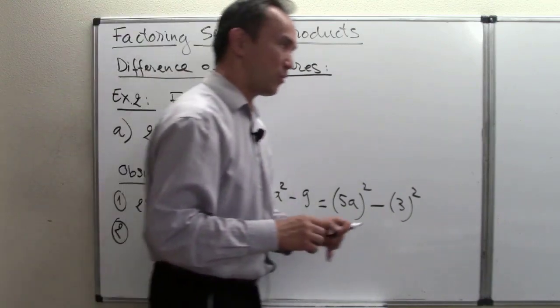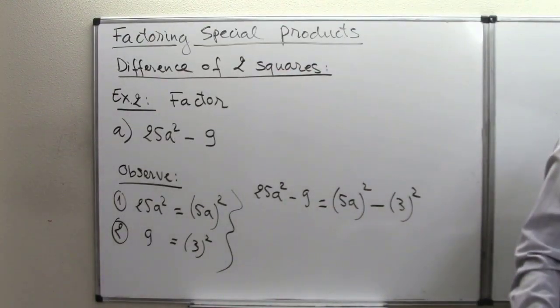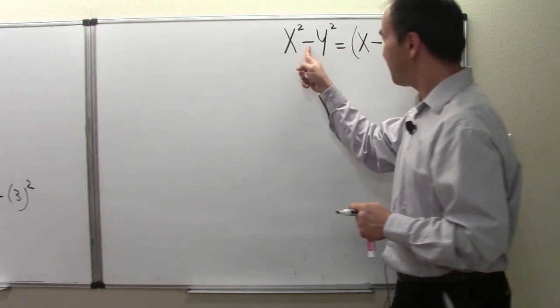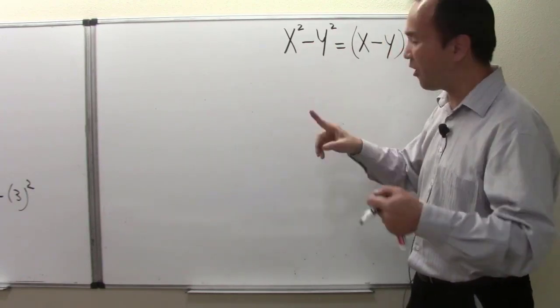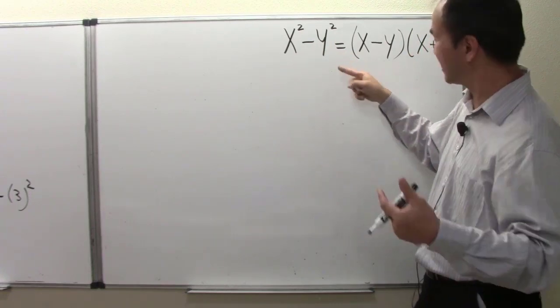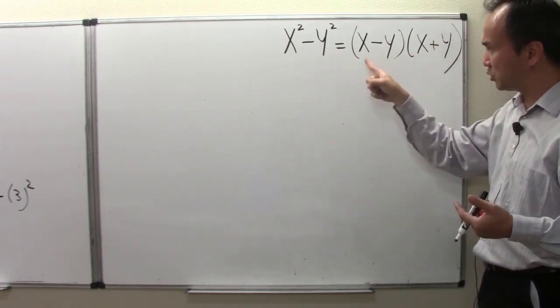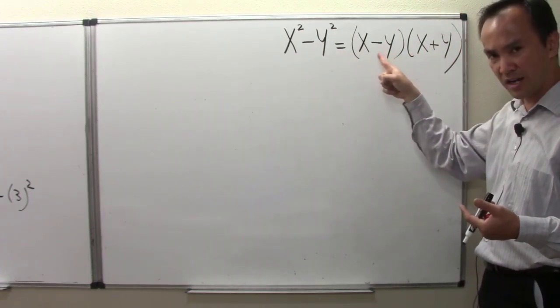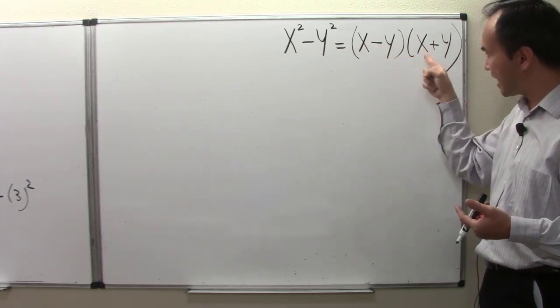Once again, the difference of two squares has a famous formula. When we're factoring it, the difference of two squares factors into x minus y as one factor in product with x plus y.